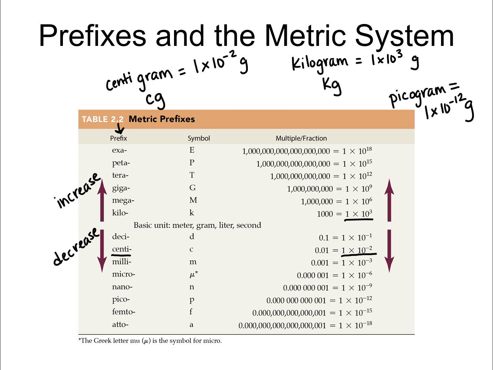What we've been doing is writing unit equations. If I have 1 centigram, that equals 1 times 10 to the minus 2 grams. If I have 1 kilogram, that's 1 times 10 to the third grams. If I have 1 picogram, it's 1 times 10 to the minus 12 grams.